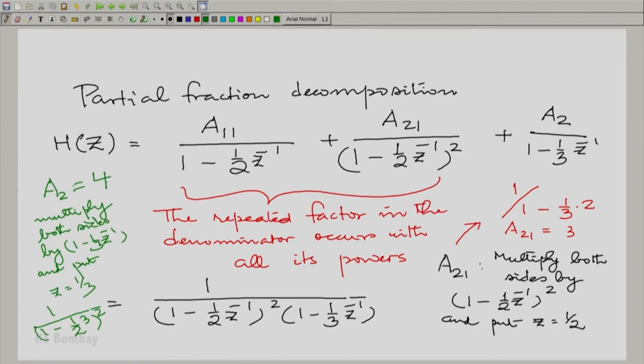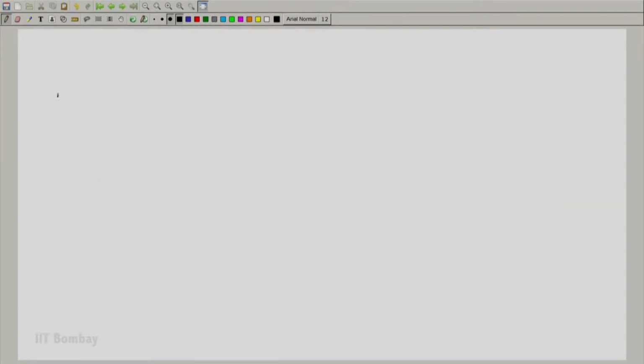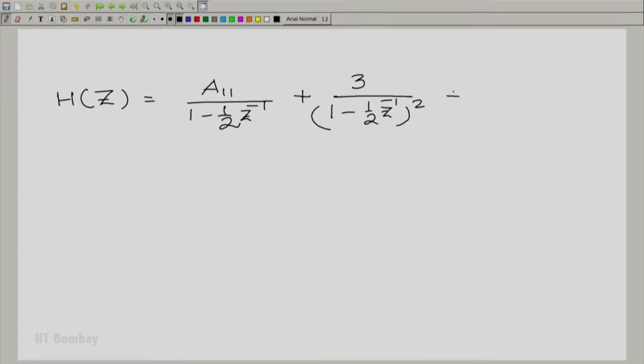And now there are different ways of finding A11 once you have done this. So, let us put down these two first. We have H of Z, where we have calculated most of it: A11 divided by 1 minus half Z inverse, plus we have calculated A21 to be 3 and A2 to be 4.